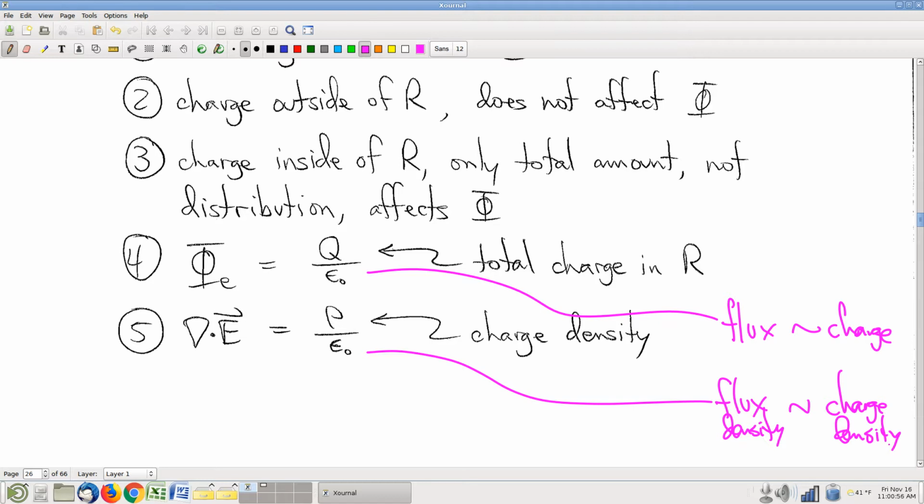So we use this little letter rho, standard choice anyway. A little unfortunate, right, with spherical coordinates and all that, but anyway, it's pretty standard. Rho represents charge density. And so same sort of plausibility argument as to why divergence should be proportional to charge density. Well, because flux is proportional to charge. So, yeah. Okay.